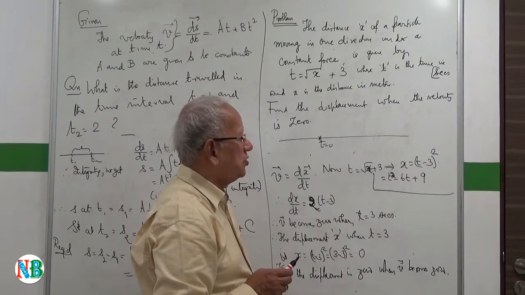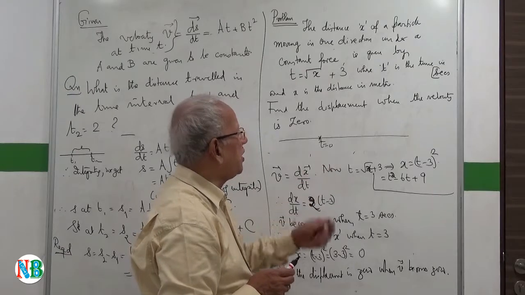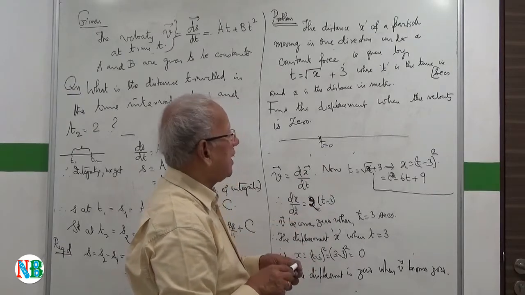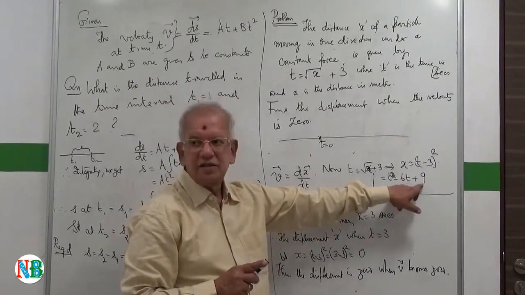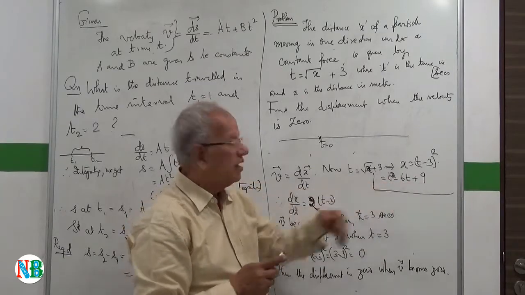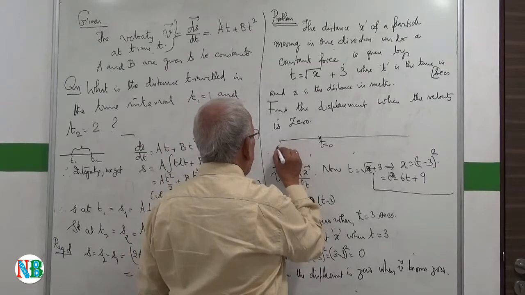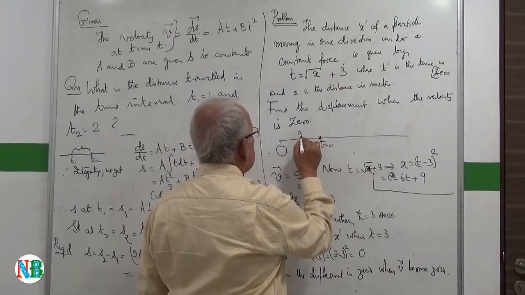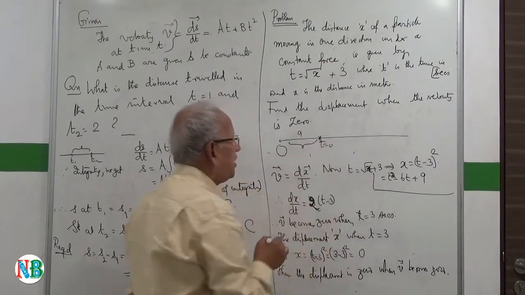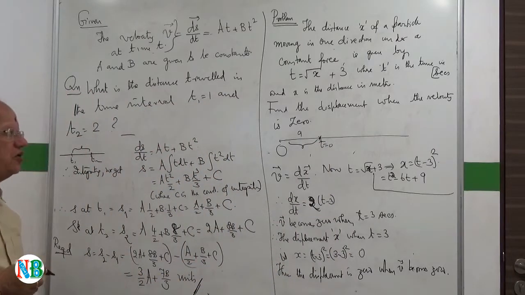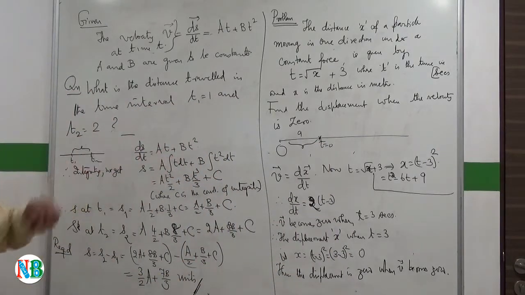So when t equal to 0, just calculate what is x. 9, isn't it? So it starts from, this is my origin. So this distance is 9. So when t equal to 0, it is at a distance 9 units from the reference point.